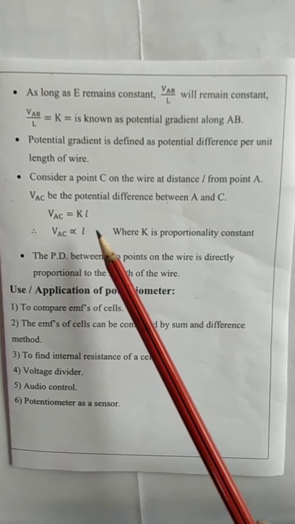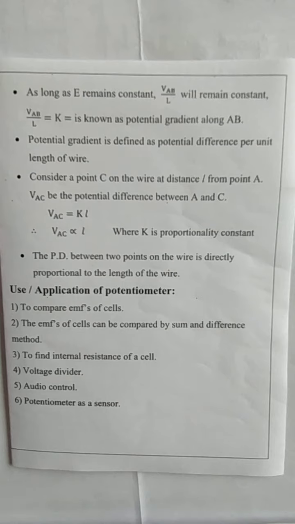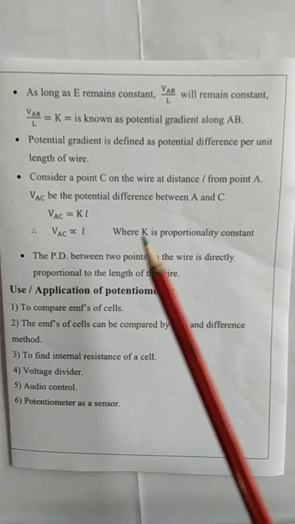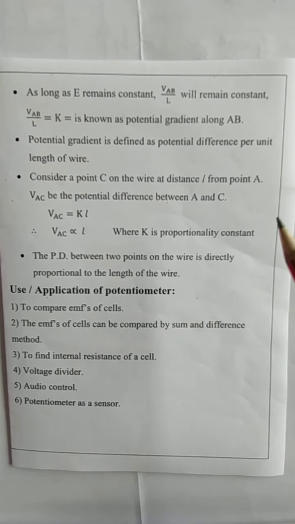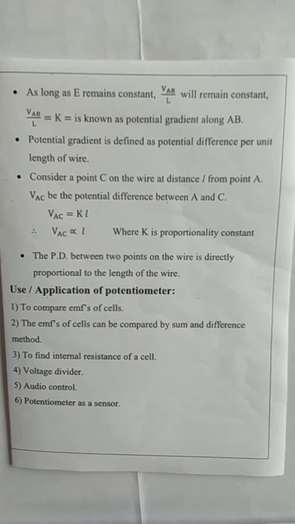VAC is proportional to l, where K is the proportionality constant. Therefore, the potential difference between 2 points on the wire is directly proportional to the length of the wire.